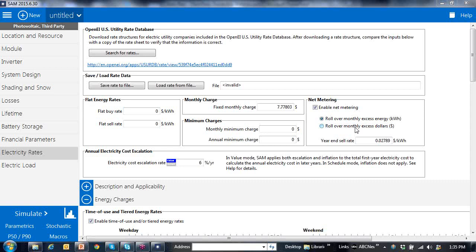And then the rollover monthly excess dollars means that you calculate the monthly bill, and you roll over the dollar savings to the next month. So you're reducing the monthly bill rather than your monthly consumption with the net metering credits.